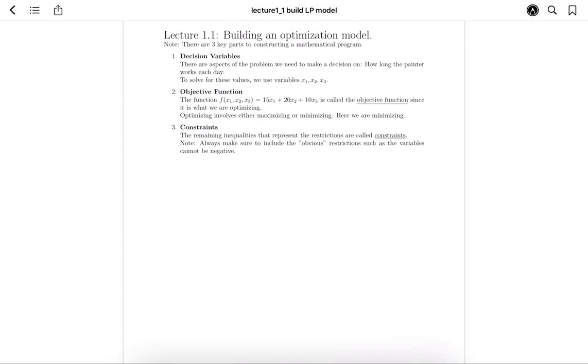In our example, we would like to minimize the cost that we pay to the painter. The last ingredient is the constraints. You should be able to derive the constraints from the given story, and you should be careful about some hidden information, like the number of hours is always non-negative.